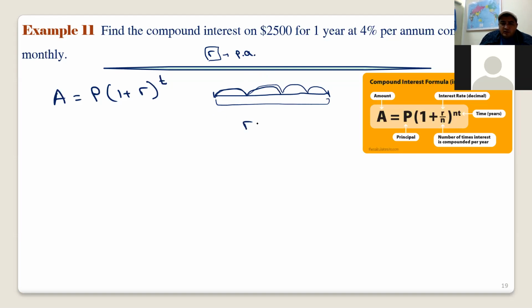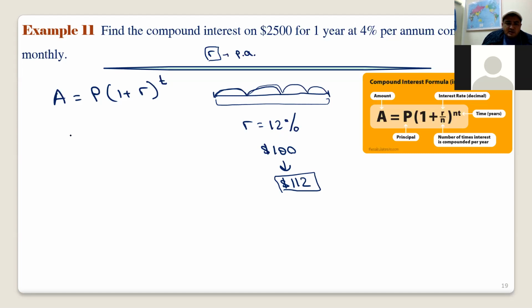Let's say our rate is 12%. If you deposit $100, at the end of one year you will have $112, right? And in 1 month, approximately, it is 1%, right? Every month, it is just earning 1%.